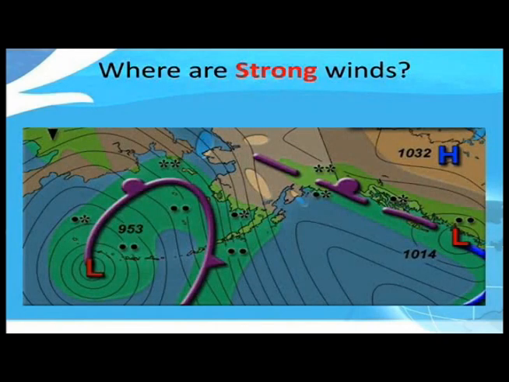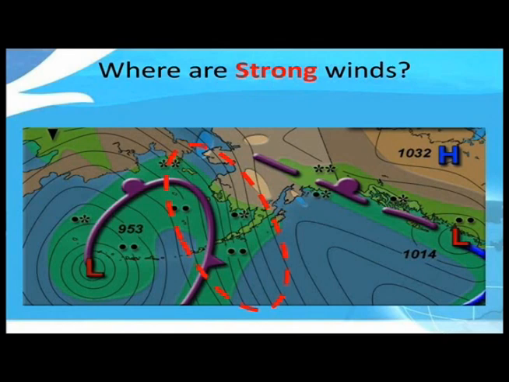So here's a chart with pressure lines. Where do you think the strong winds are? One area that's especially favorable for strong winds is over western Alaska. And there's a few other places too I can point out.